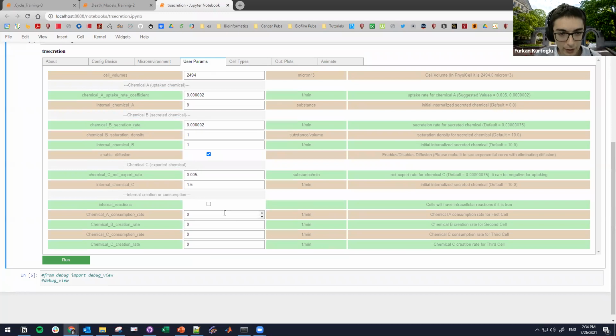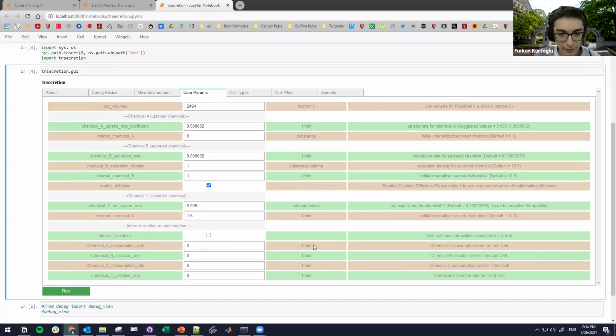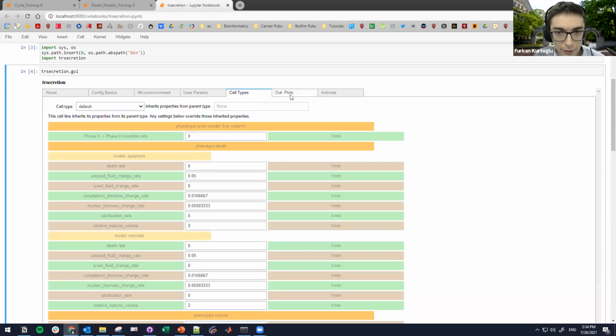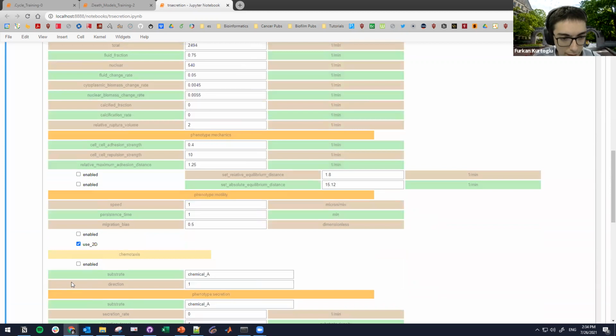And because we can have internal reactions to balance it, I just want to show that tracking internalized substrates should be on if we would like to track the internalized part. So let's simulate it.